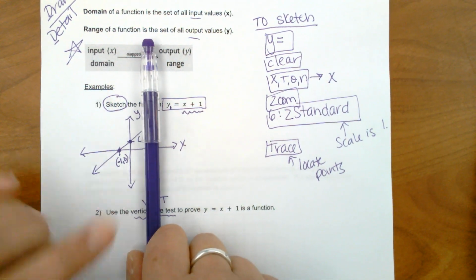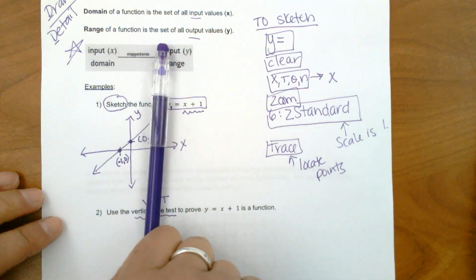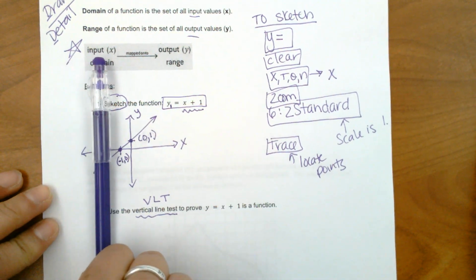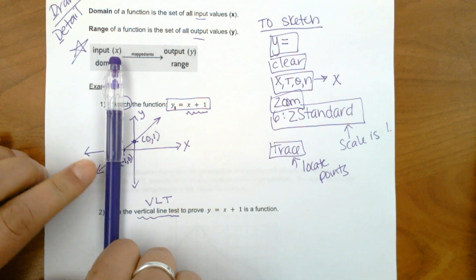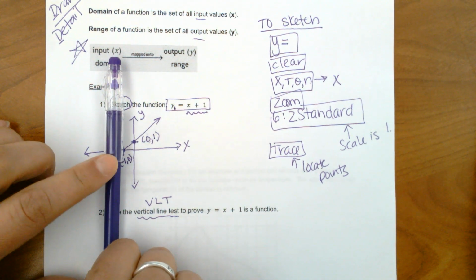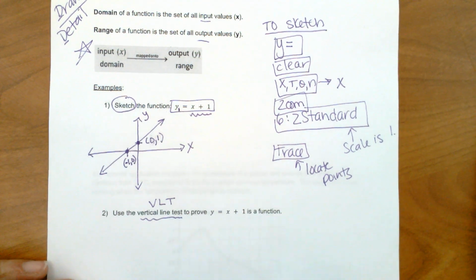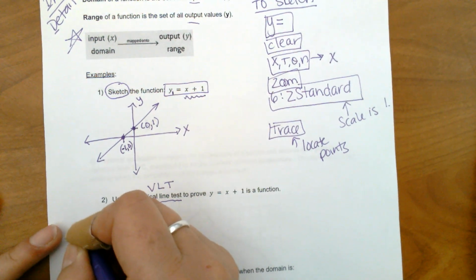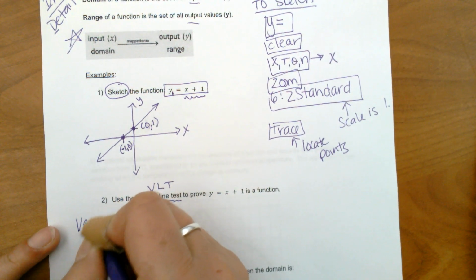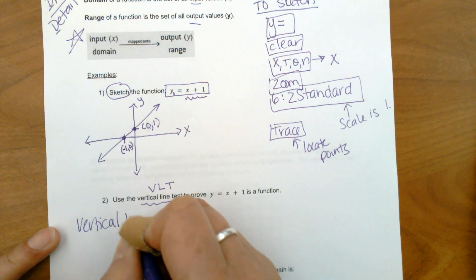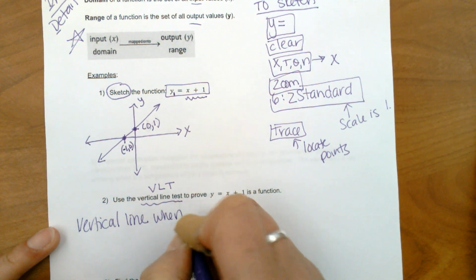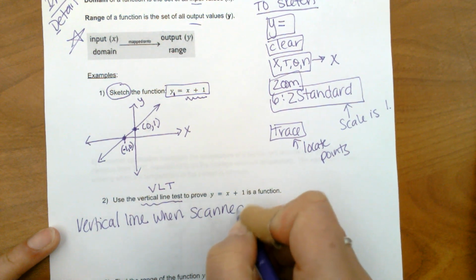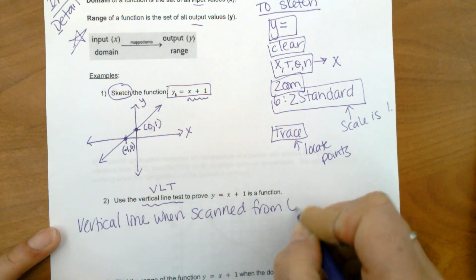Even if I stopped over here, still just touching it once. If I started scanning again and I stopped my vertical line here, how many times is it touching this line? Right here, just once. So let's just write that in. Imaginary vertical line when scanned from left to right.